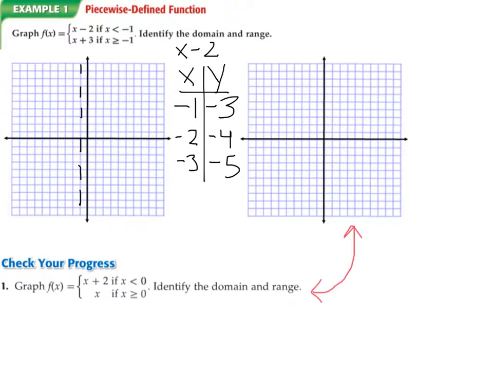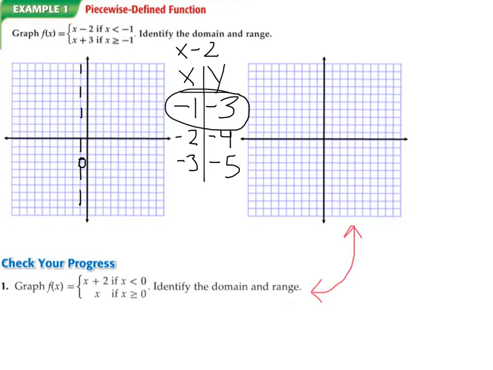Now I can go ahead and graph these. What I need to be careful with is on that first point, negative 1, negative 3, since x is less than negative 1, that needs to be an open circle on negative 1, negative 3. So that's going to be right here on our graph. We want to make sure we leave that as an open circle. And then let's go ahead and graph our other points.